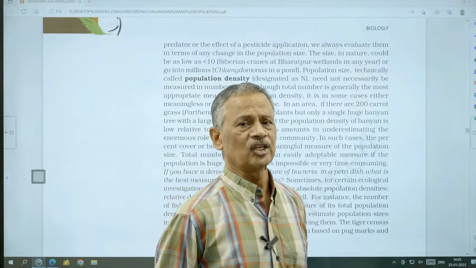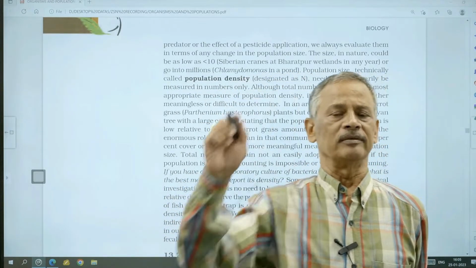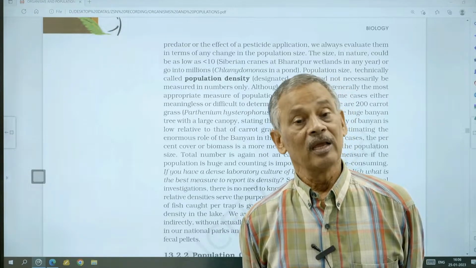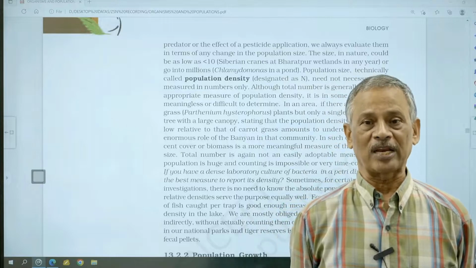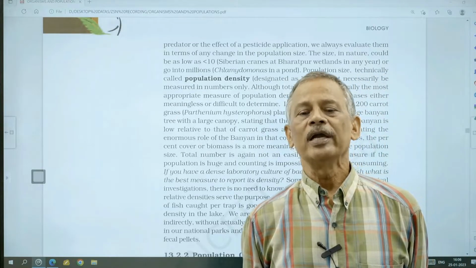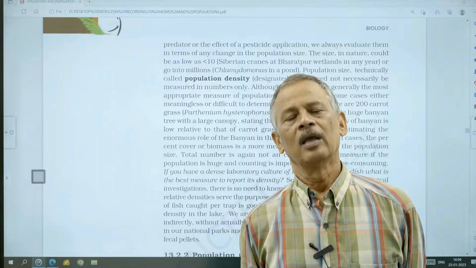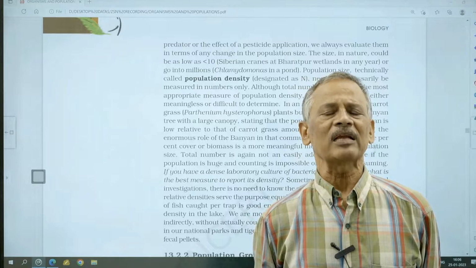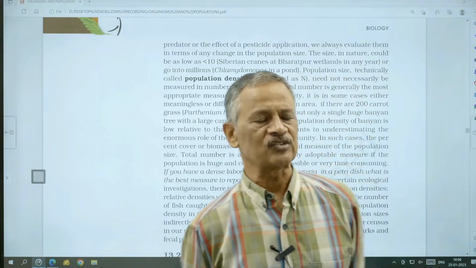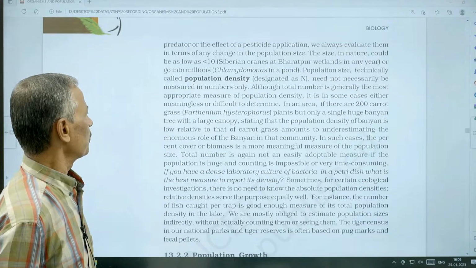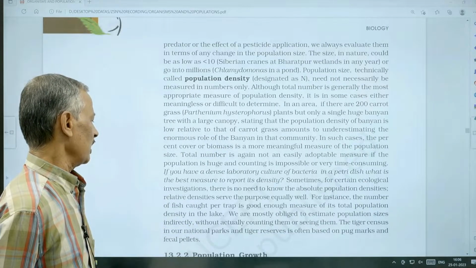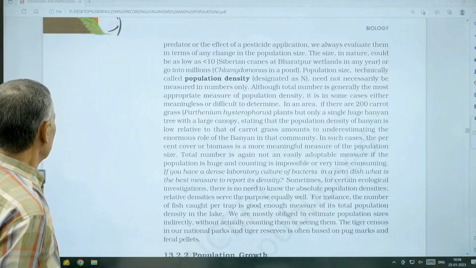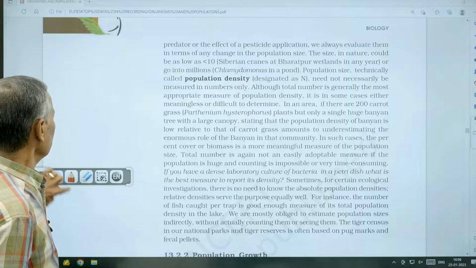We can determine the density either by counting directly, but sometimes that becomes very difficult or non-practicable. Then we can have indirect methods. We are all taking the census of birds and animals, not by exactly counting, but we have techniques for taking their footprints and other pug marks, etc. Okay, so it is based upon indirect techniques that we very often take the density.